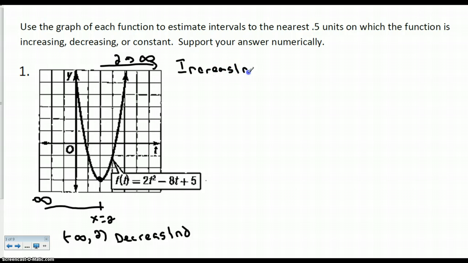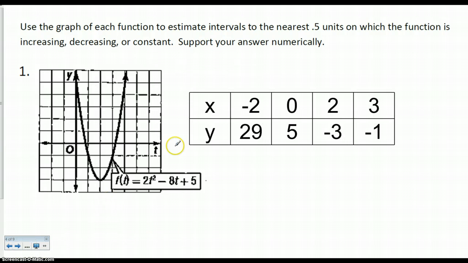So what I want to do is verify that that's the case. The first thing I want to look at is from negative infinity to positive 2. I want to verify that my graph is decreasing. So I'm going to choose x values that go from negative infinity to positive 2, and then look at something a little bit bigger than 2. When I plug negative 2 into my equation, I got a y value of 29.